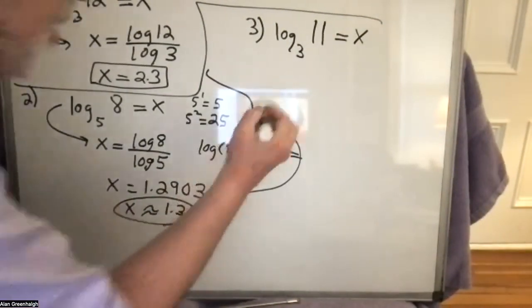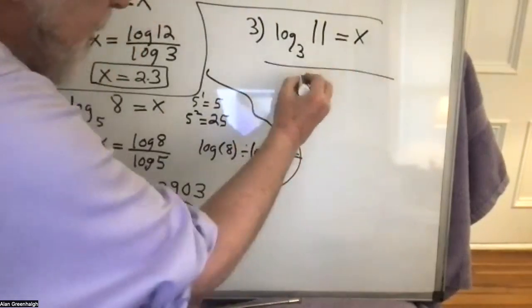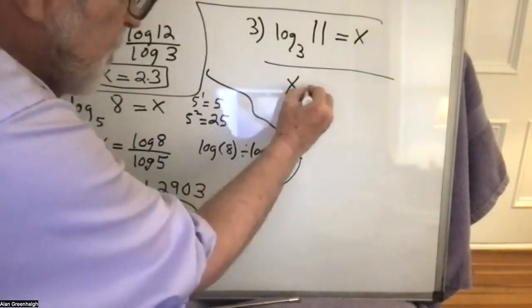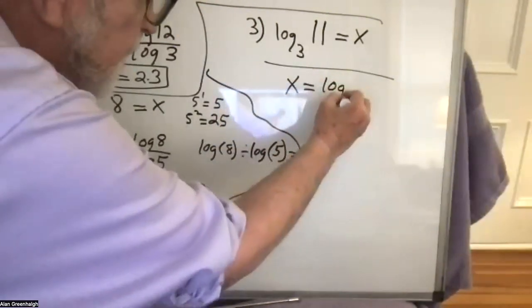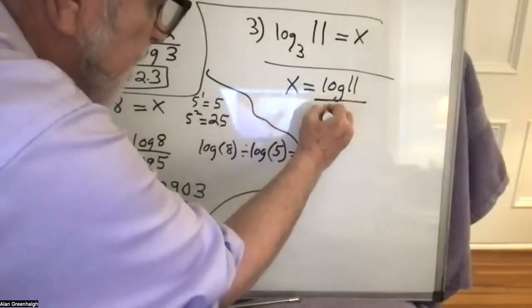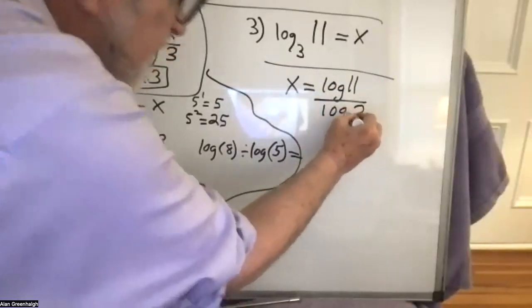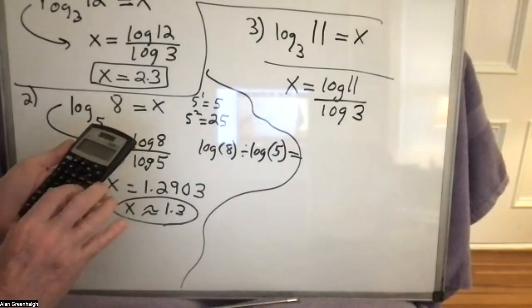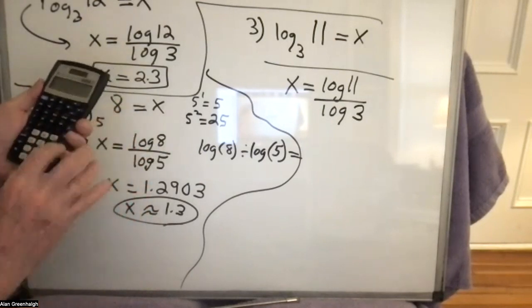That's all the time you really should need, because from here, you would just use the rule, the change of bases. X will be equal to the log of 11 divided by the log of 3. That's all. And now, most of the work to this problem is done by your calculators. So you press clear.